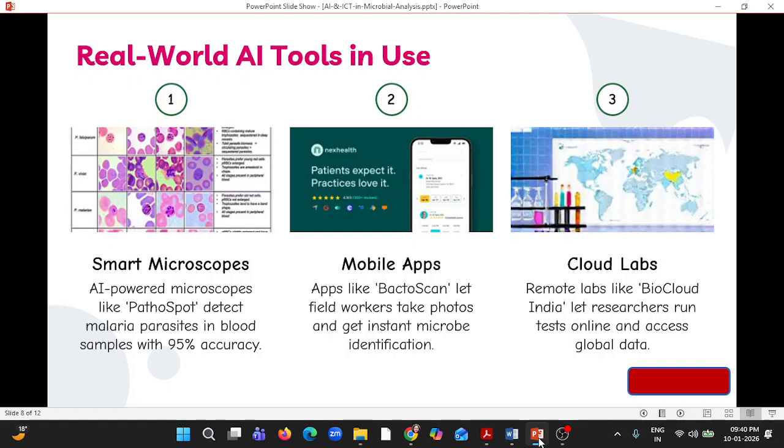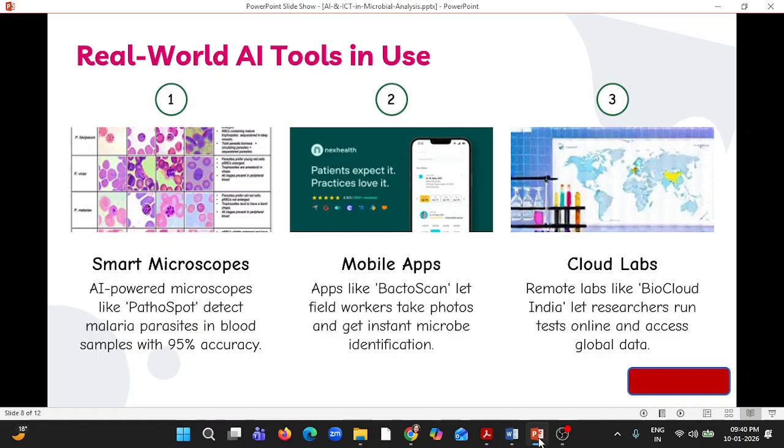If we compare it with manual microscopy, this system is faster and more consistent, gives reproducible results, and reduces the burden in resource-limited settings in certain areas.